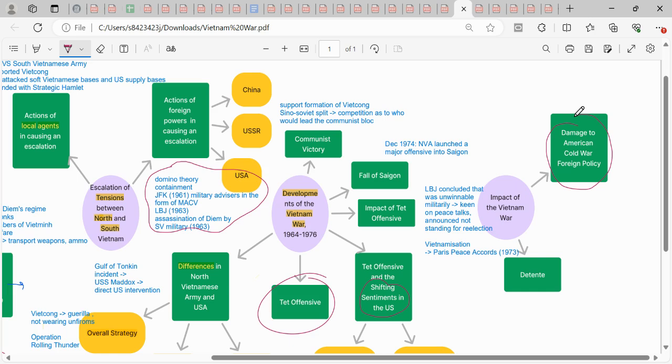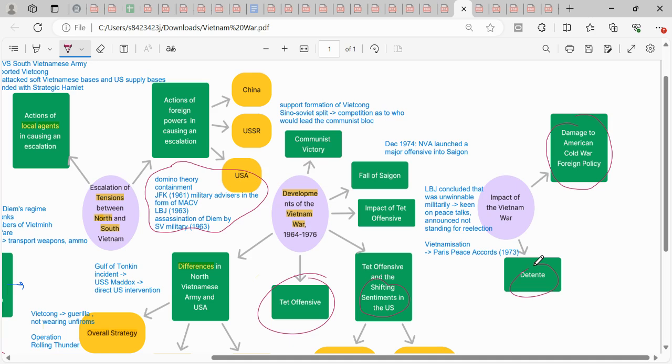Okay, the last bit. All right, the war affected American policies towards communist states. America tried to improve its relations. America needed Soviet help to actually sign the Paris Peace Treaty.